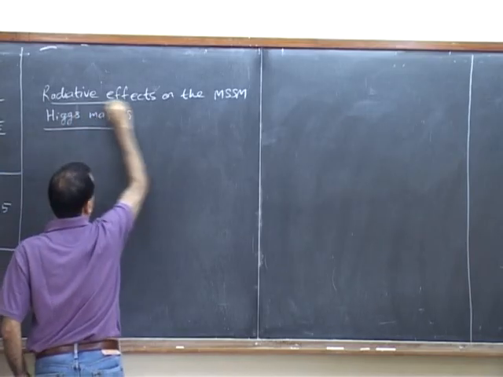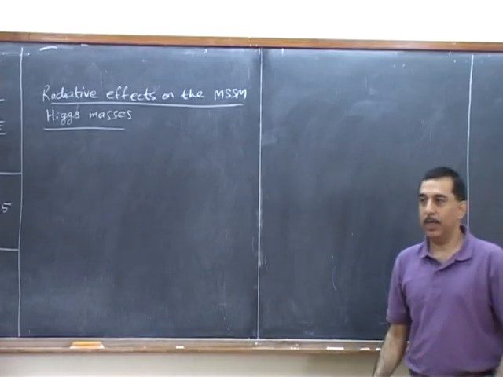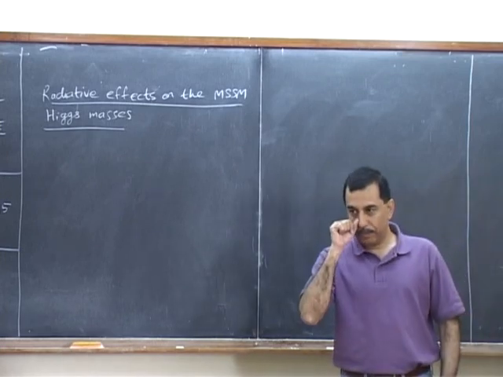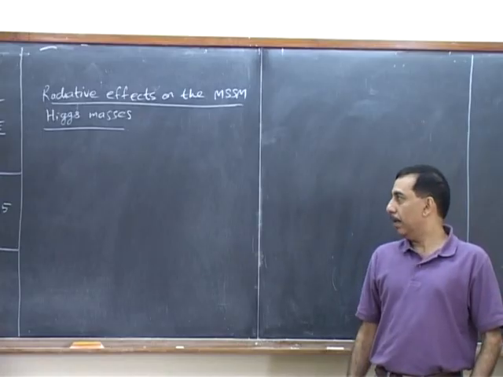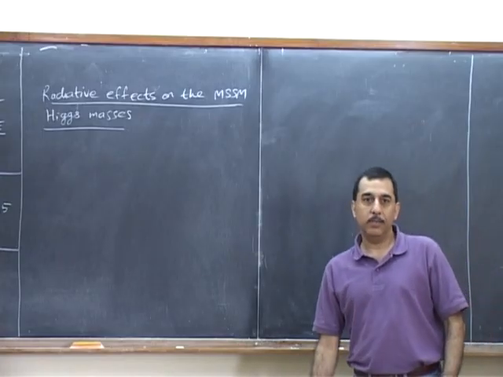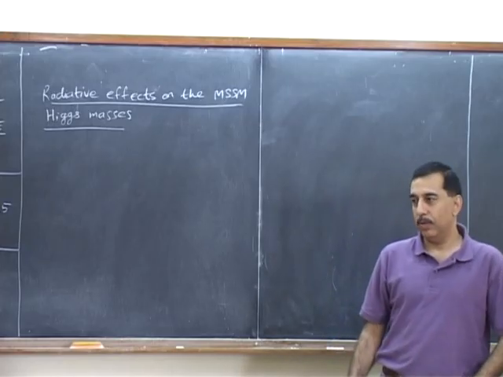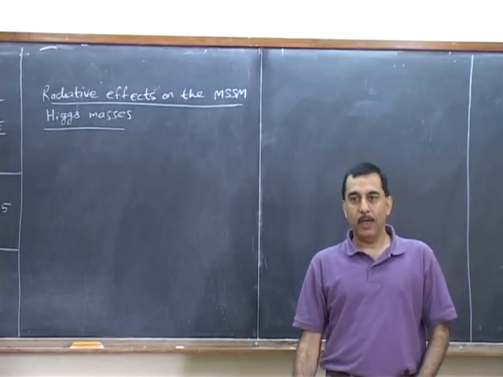So the story up to now is that it was very easy to write down the tree-level Higgs potential with all the free parameters it had, and then minimize it and get out, in principle, 8 Higgs, because of 2 complex doublets. 3 of these 8 were Goldstone modes, which were absorbed by the W plus minus and Z, leaving 5 physical Higgs.